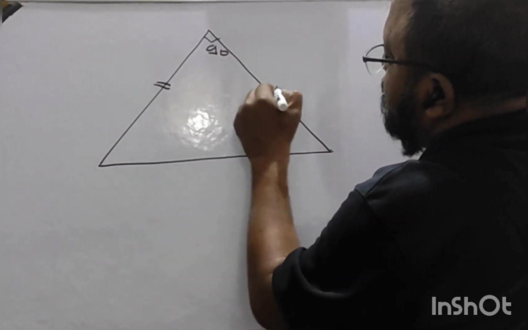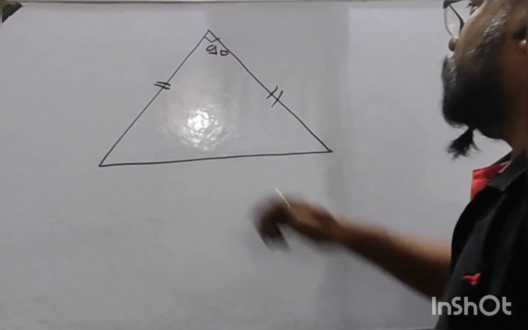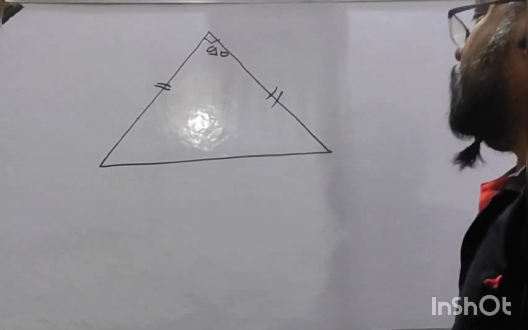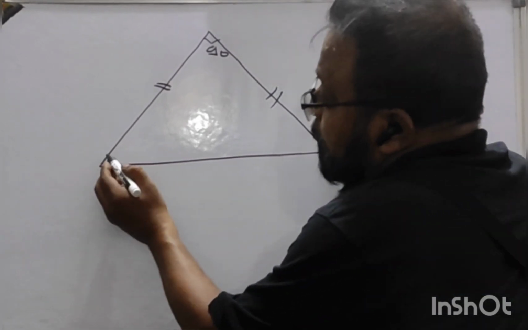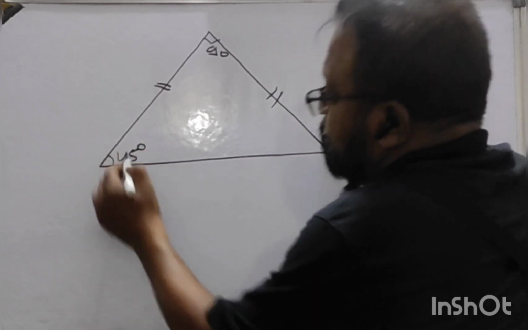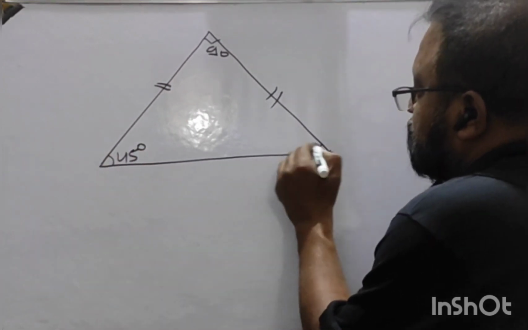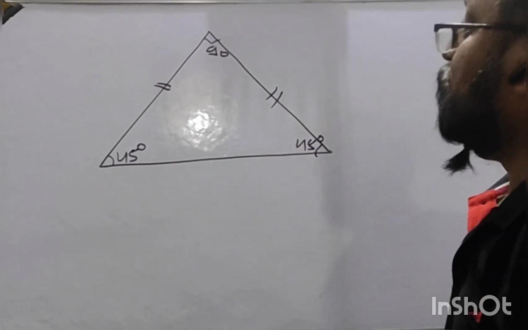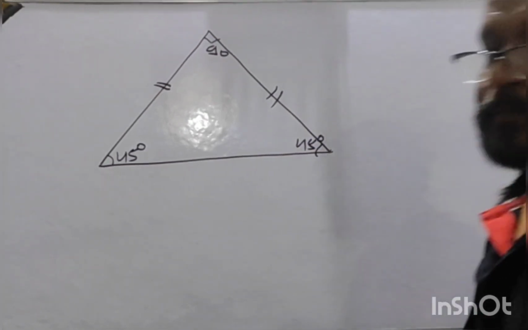These two sides are equal. So in an isosceles triangle, when the vertical angle is of 90 degree, then the base angles are of 45 degree each. You know that? I hope you know. Okay.